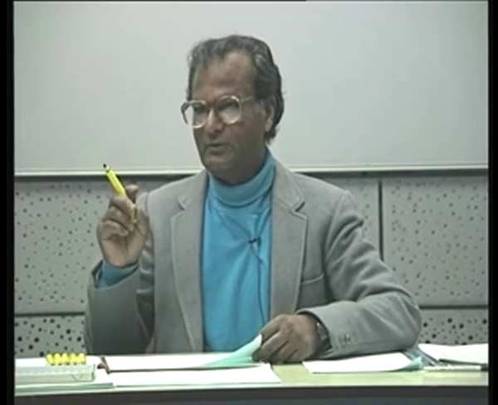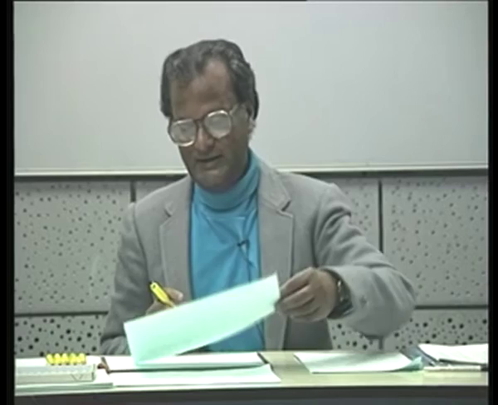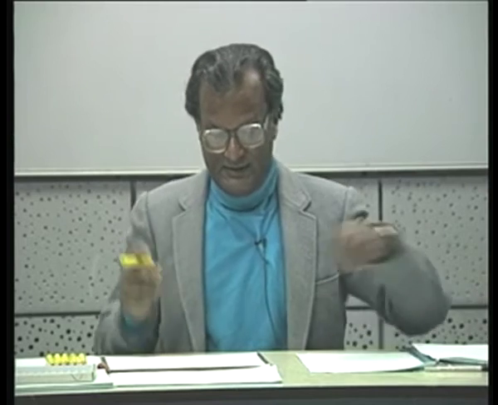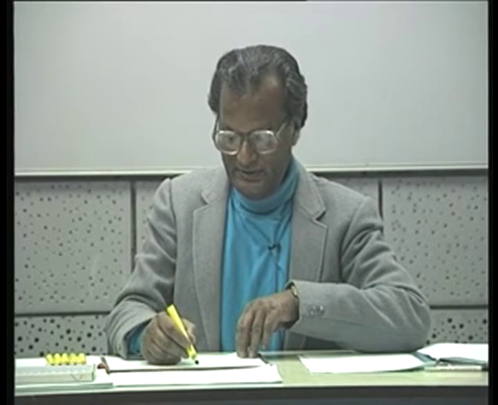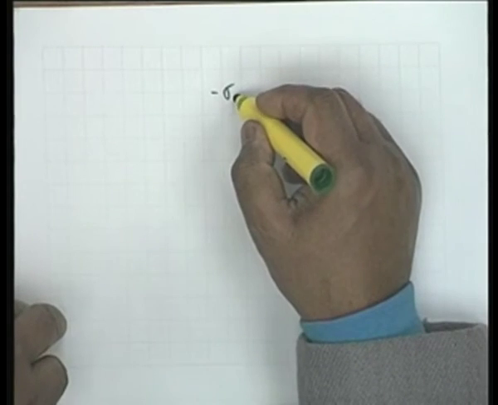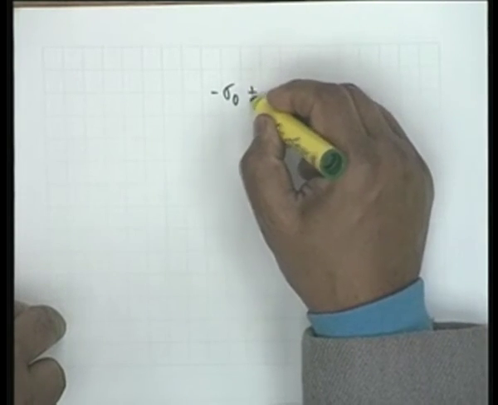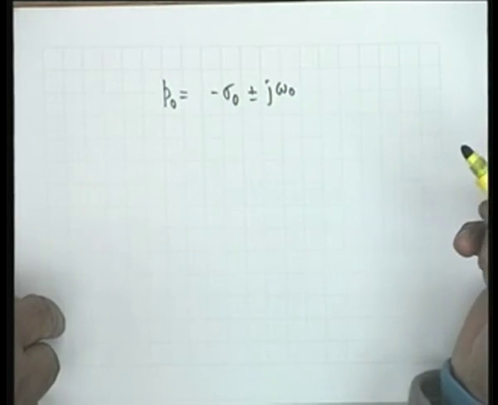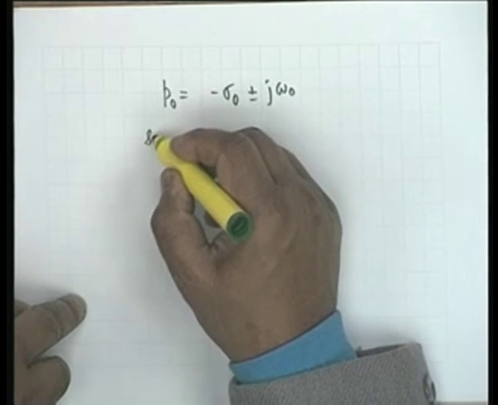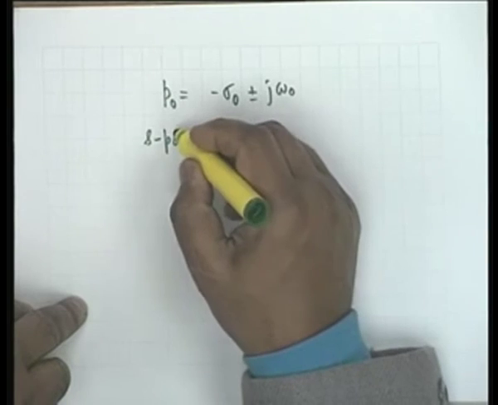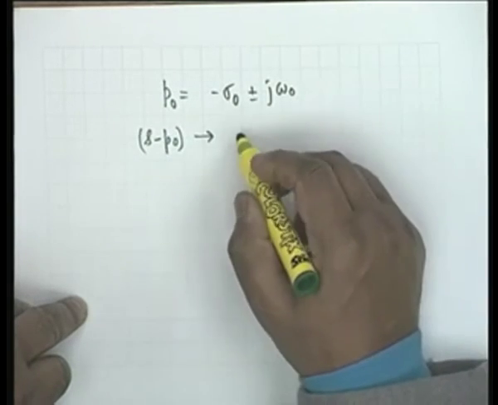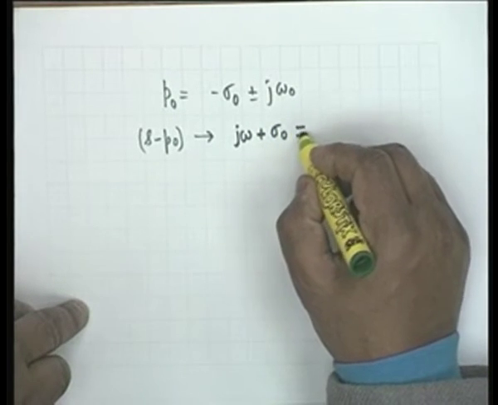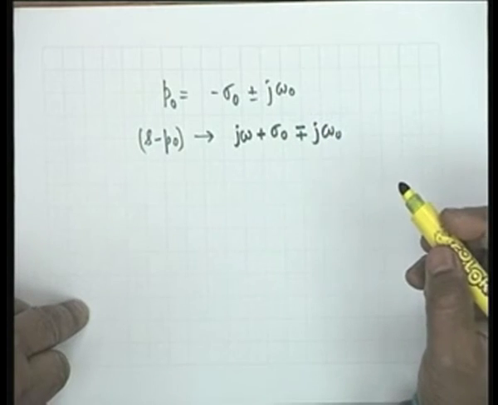Anyway, let us look at one particular complex pole and see what happens. Let us look at a pole due to, let us say, minus sigma_0 plus minus j omega_0. Let us say there is a pole P0 which is this, and therefore the term S minus P0, with S equal to j omega, becomes j omega plus sigma_0 minus plus j omega_0.